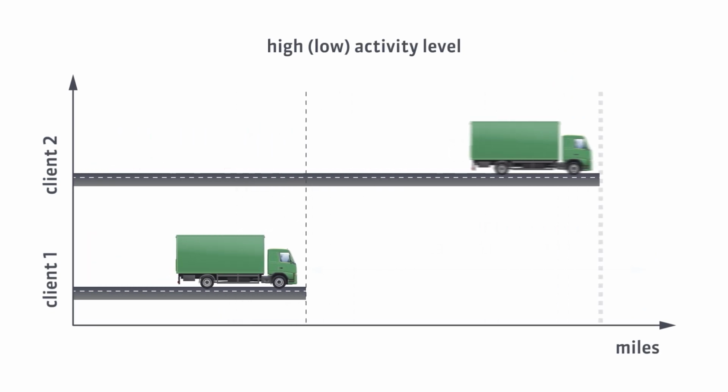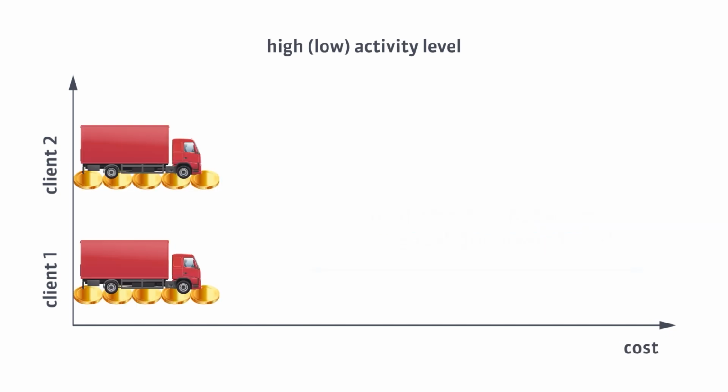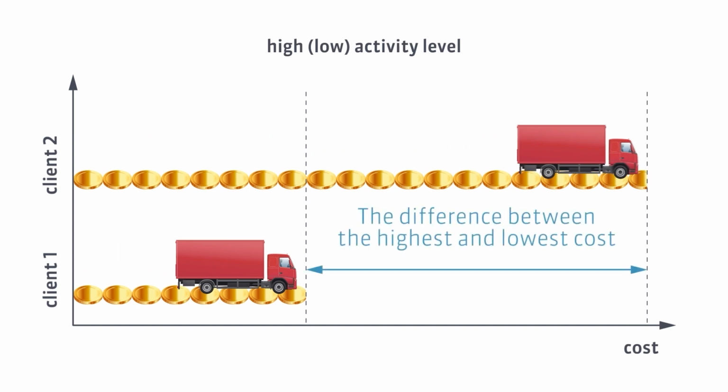In other words, we look at the volume of business activity and compare cost changes when activity is higher and lower. The difference between these two cost levels represents variable costs, since only the variable cost element can change as activity levels change.